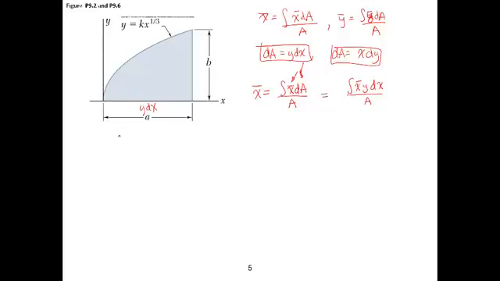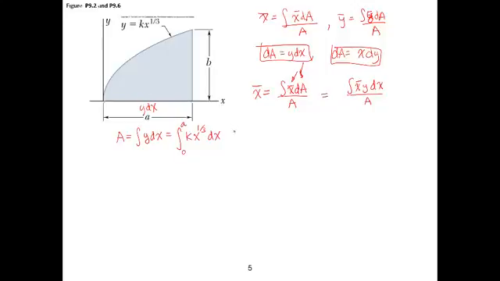And how do we find my area A? My area A is very simple. You can take either one of these definitions, but like I said, in this case, it might be easier if we simply take y dx. So it's simply the integral of y dx. And this time, since y is equal to k x to the 1/3, I'm just going to plug it straight in. And my x is going to go from 0 to a, right?